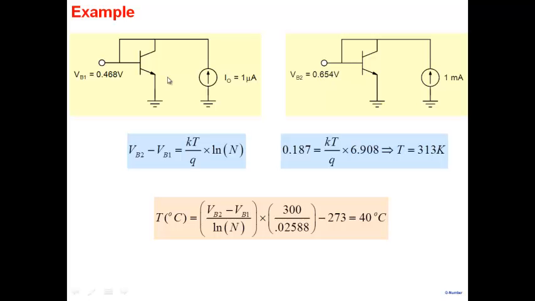for BC547, if I look at the power calculation, I'll find that the power dissipated in both cases is sufficiently small so that the temperature is going to be very close to the ambient temperature. These power dissipations are not high. If I were to force very high current, then you're right, the temperature of this transistor may be different from the temperature of this transistor. That's a very valid point.